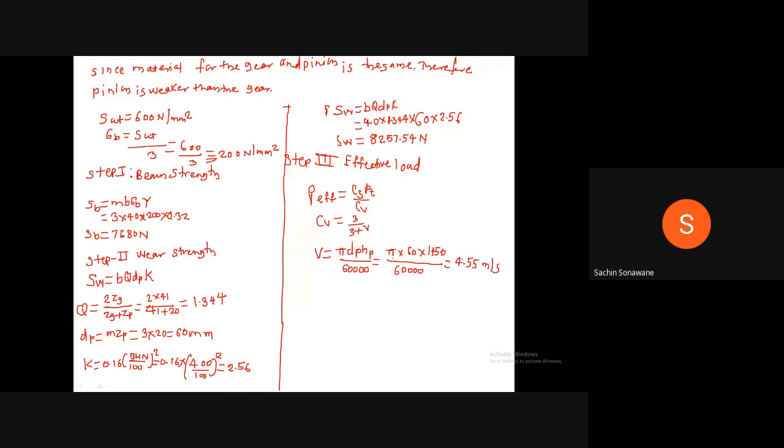Now substitute this 4.55 value in CV to get the velocity factor. CV is equal to 3 divided by 3 plus 4.55. Please tell me the value of CV. 0.397, yes, correct. Now we will calculate P effective, the effective load in terms of PT.